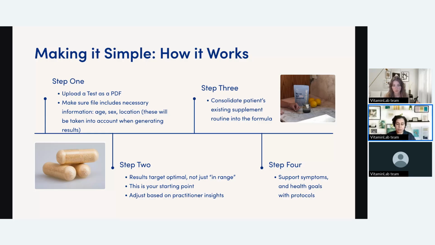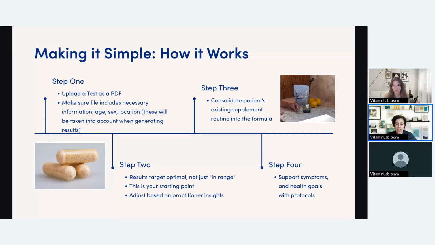And then the results will target the optimal and not just in range, as Carissa mentioned. This is the starting point to create that specific person's formula, addressing maybe other things that they're taking, as well as some of the reasons that they came to see you, right? So, ways to optimize what it is that they want to achieve in terms of health goals.